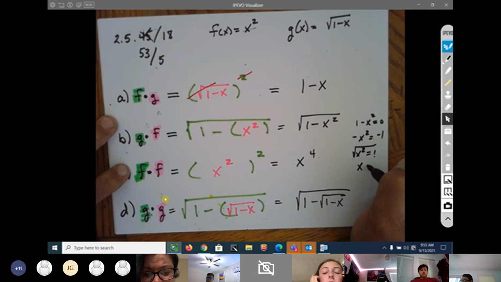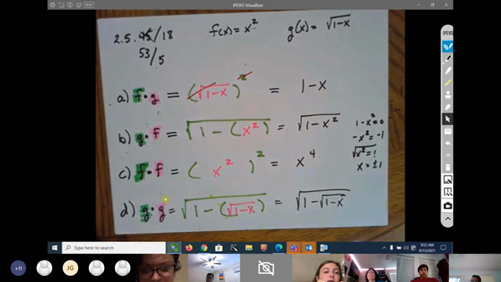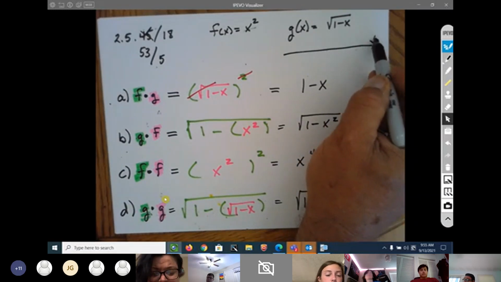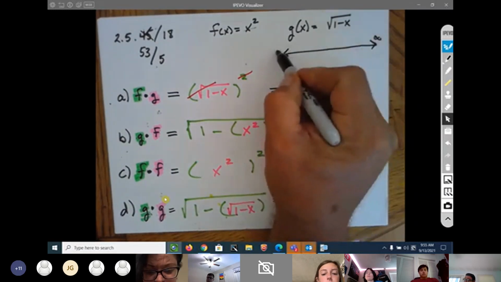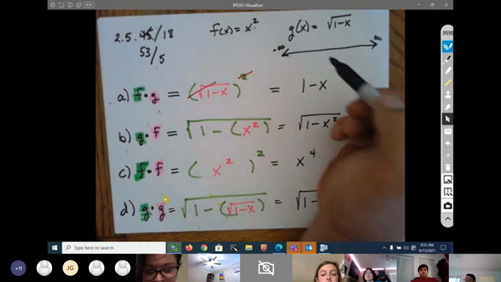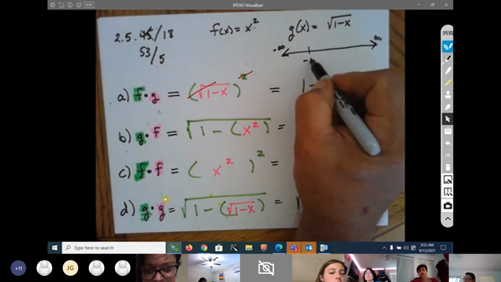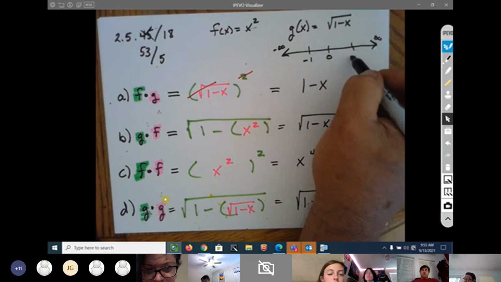So x is equal to positive or negative 1. So we got to set up a number line. And let's see, we got a negative 1 right here, 0, positive 1.